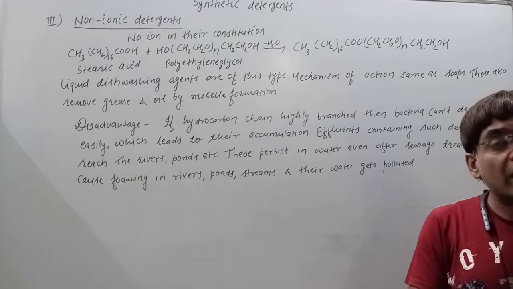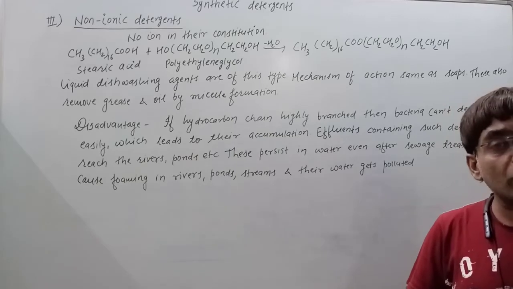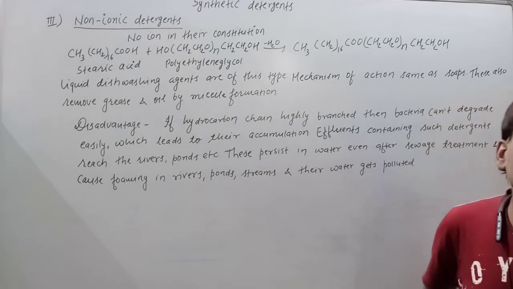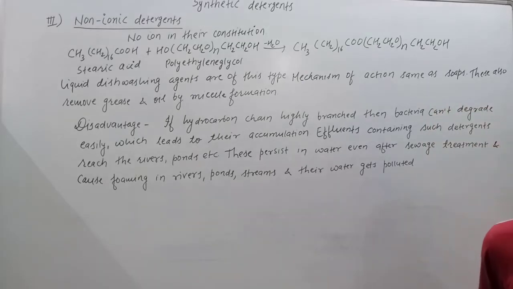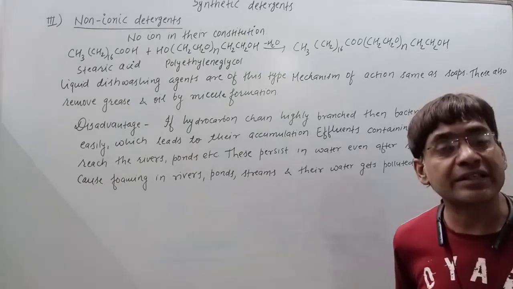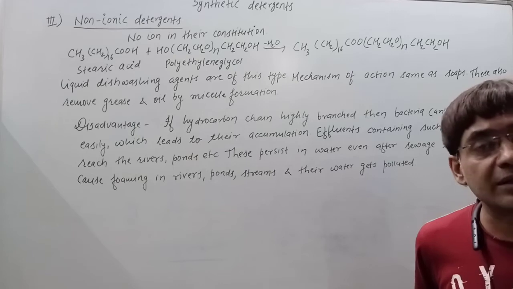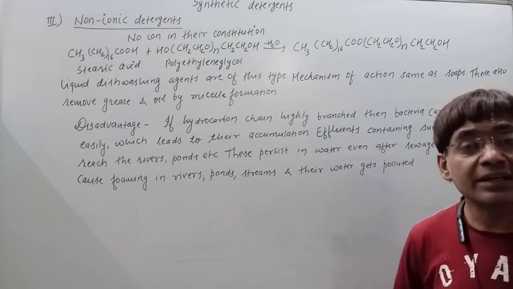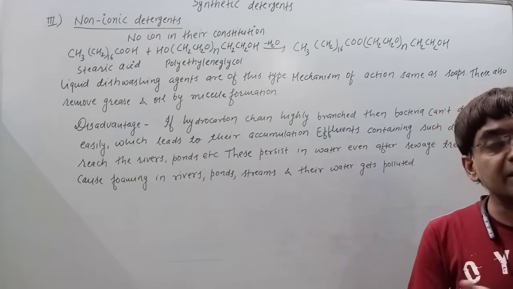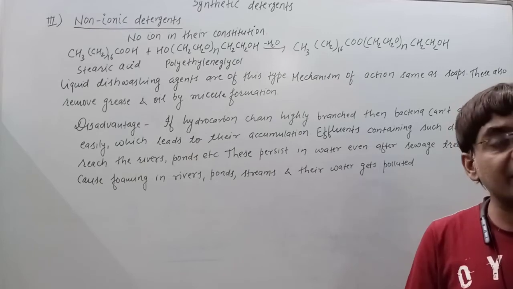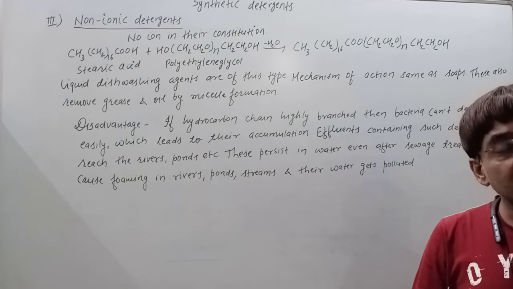It is going to accumulate in the water for a longer duration. This leads to their accumulation in the water as the degradation process is slowed down because of the presence of branched hydrocarbon chains in their structure.